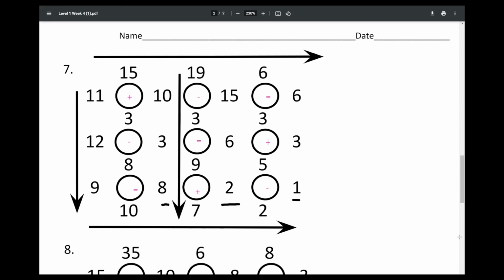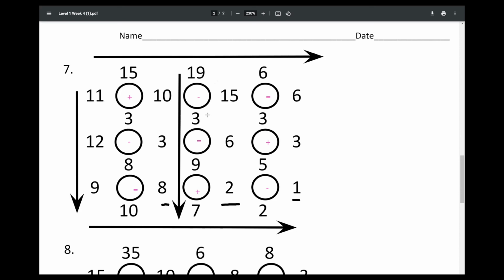19 minus 3 would equal 9. What did you say? 19 minus 3 equals 9.